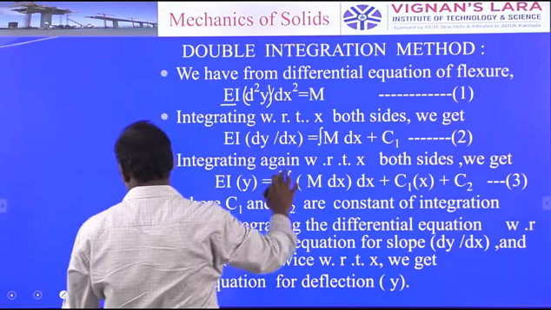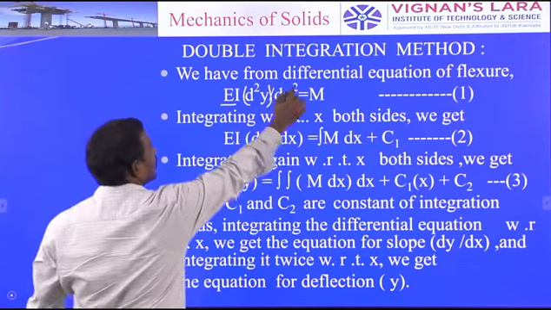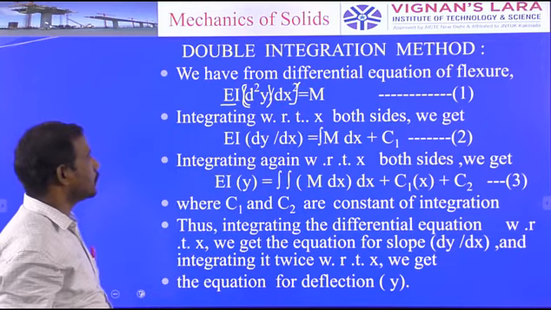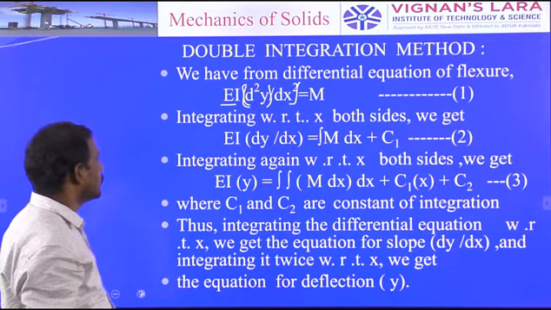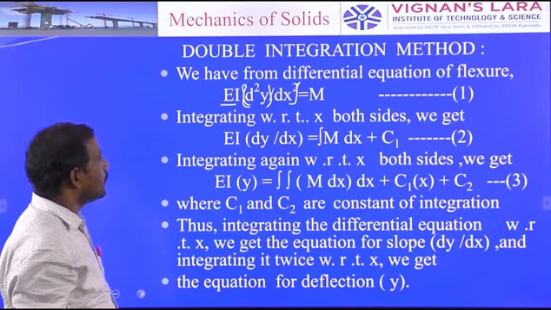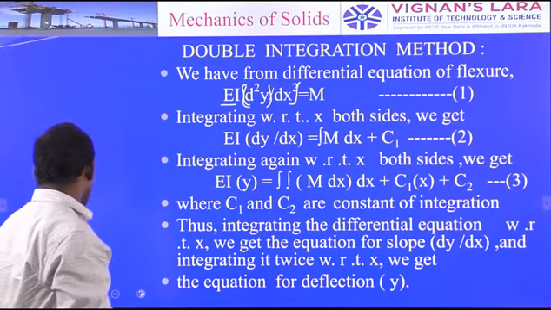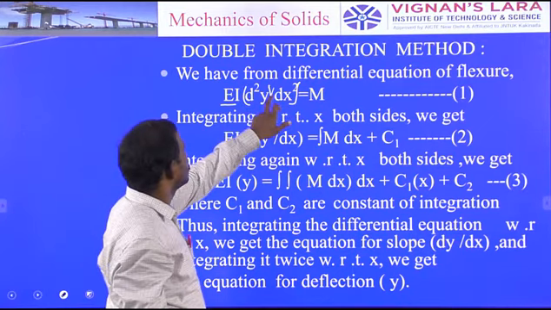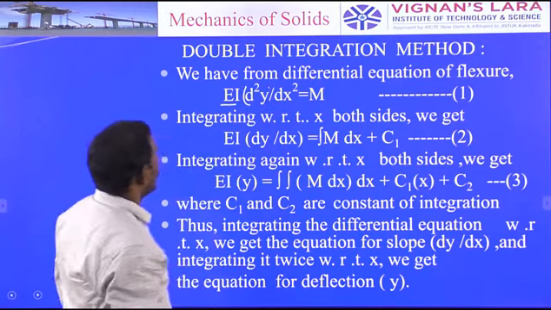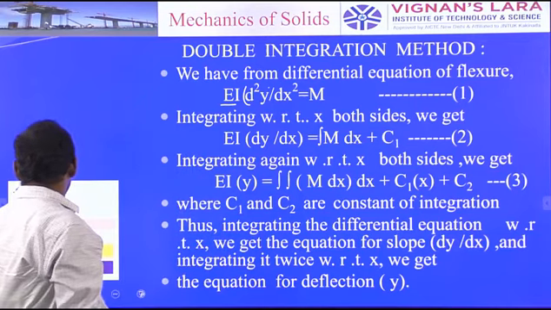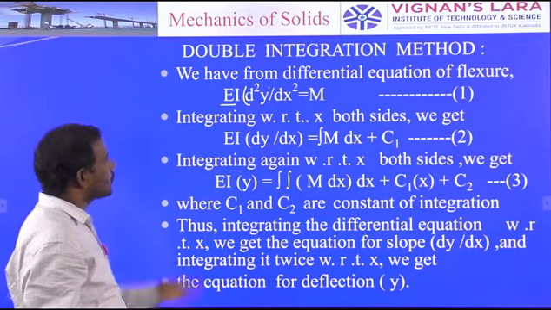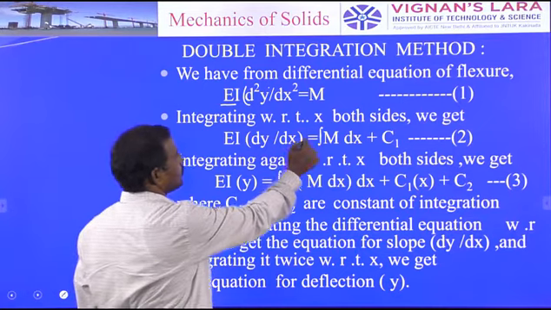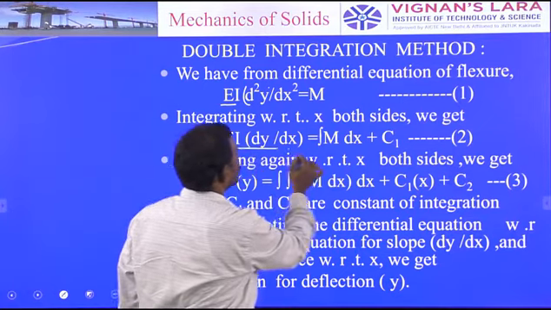Let us see the equation d square y by dx square is equal to M, say equation number 1. Then integrate equation number 1 with respect to x, and finally we get equation number 2.